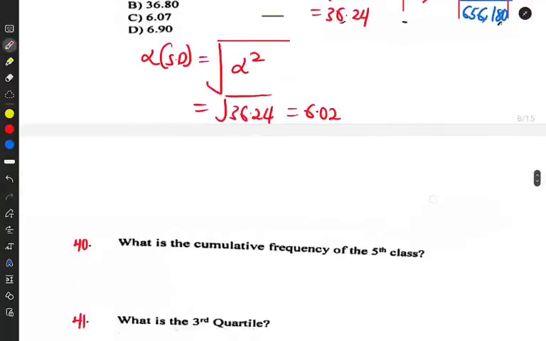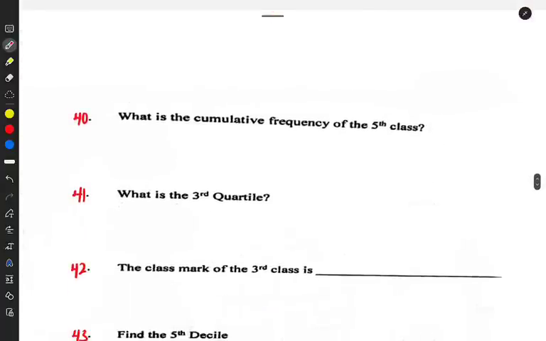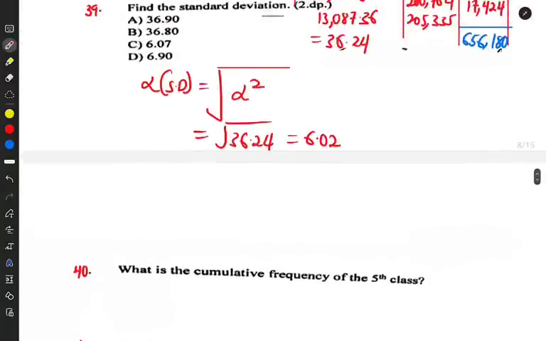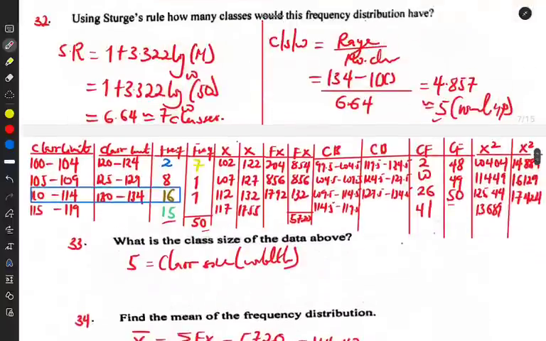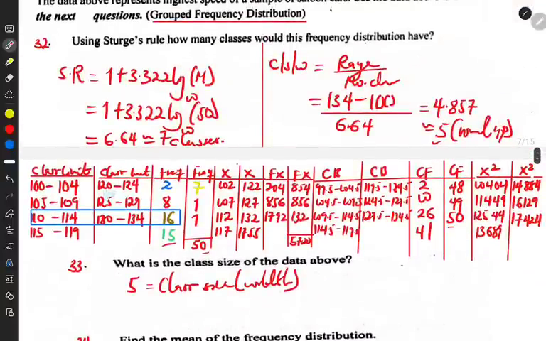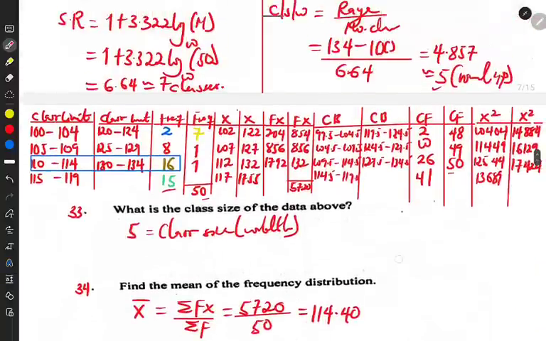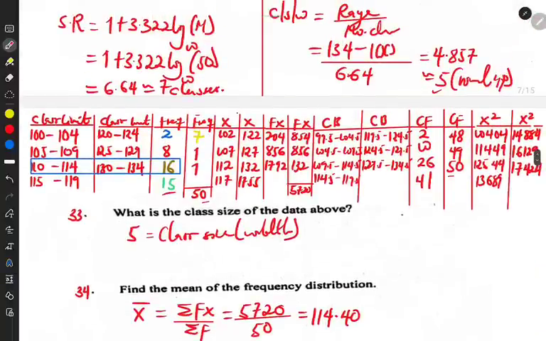Then question number 40. What is the cumulative frequency of the fifth class? So we go back to our data and check. The fifth class is supposed to be 120 to 124. So the cumulative frequency of the fifth class is 48. If you want to see, I'll show it here.